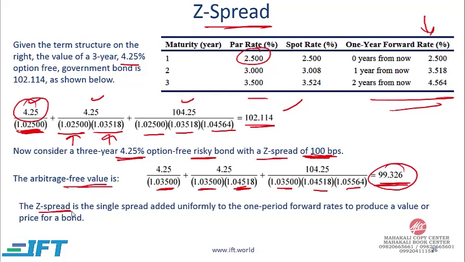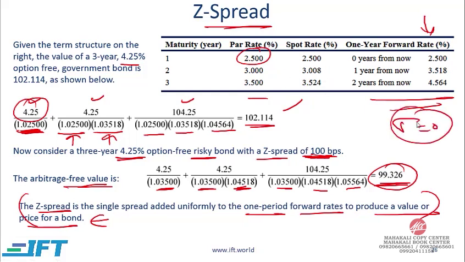So the z-spread is the single spread added uniformly to the 1-period forward rates to produce a value or a price for a bond, and this is the market price. And as you saw, we have assumed a set of forward rates, and the volatility here is 0.